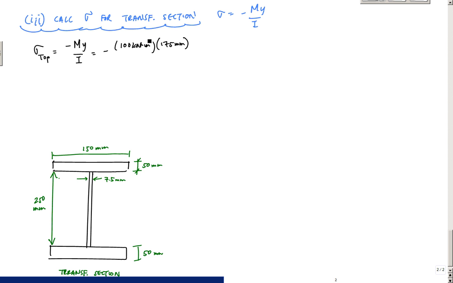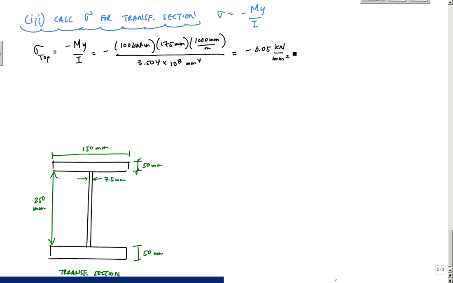I want to convert all my units, especially the meters, into millimeters, so 1,000 millimeters per meter, divided by the moment of inertia, which was 3.504 times 10 to the 8th millimeters to the 4th. When I run this calculation, I get minus 0.05 kilonewtons per millimeter squared.